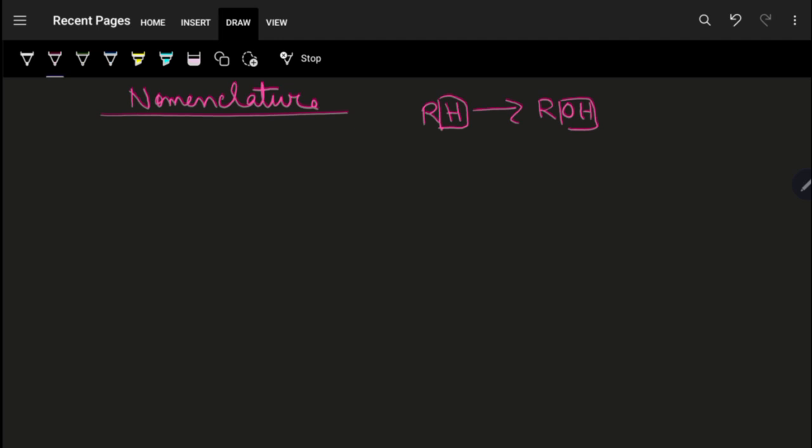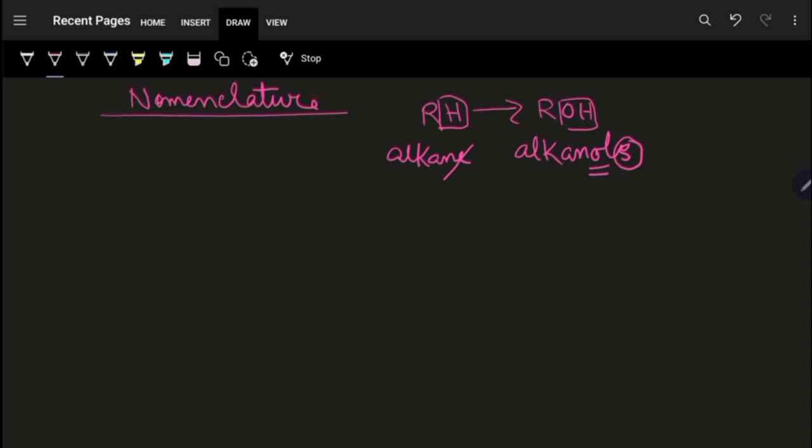So alcohols are named as alkanols: this was alkane, I drop the E and add OL. Such systems are known as alkanols. Methanol, ethanol, propanol, in that way. Methanol has one carbon atom, so it's CH3OH.